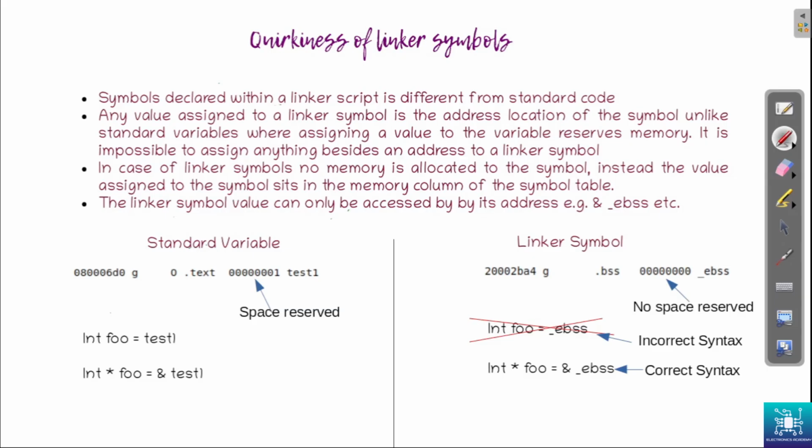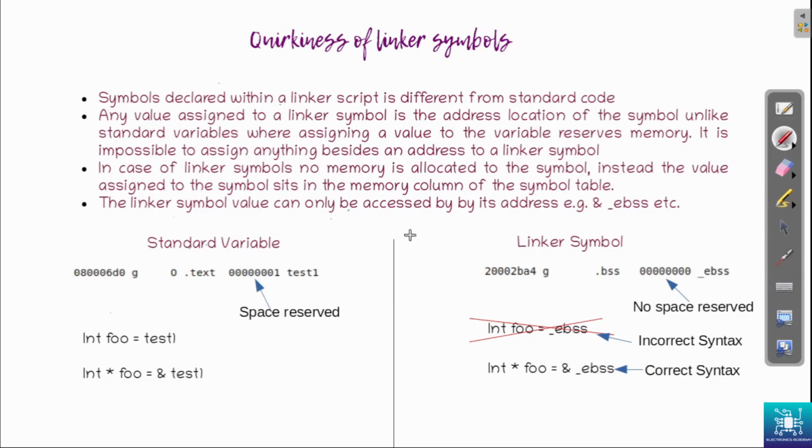If you declare a pointer in C, you have to say, for example, unsigned int star the variable name, and then you have to assign it to some address. Okay, but in the case of the linker, you will see that nothing of that sort happens.